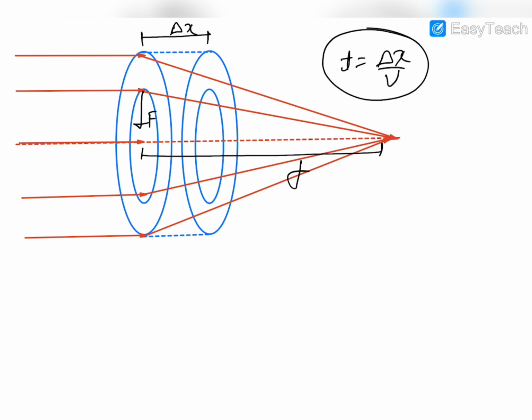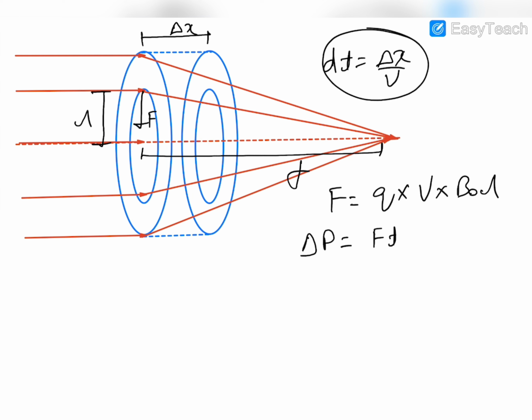Now the force F acting on any particle which is at a distance of r is F equal to q v B, where B is B naught r. The change in momentum dp will be equal to F dt, where dt is a small time.